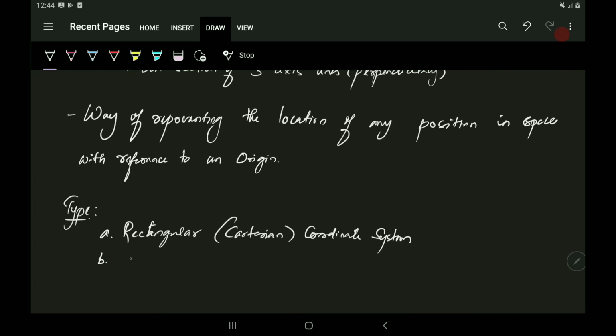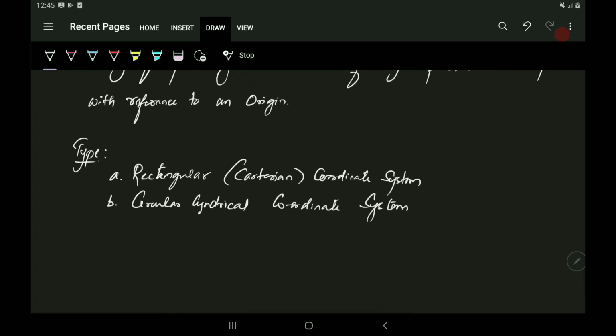Then the second is the cylindrical coordinate system. Then the last one is the spherical coordinate system. So these are the three important coordinate systems.